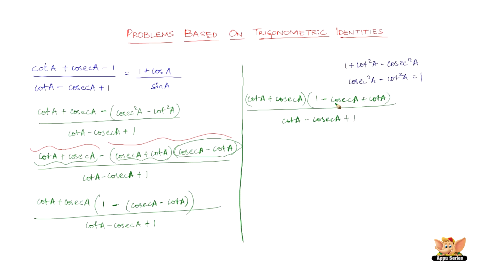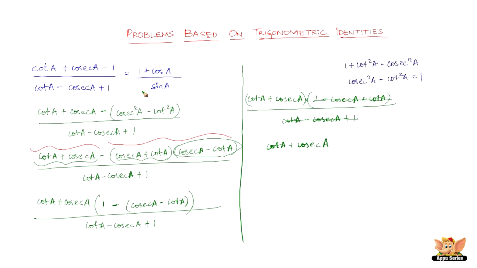Now if you look carefully, these two terms are the same, just rearranged: 1, minus cosec A, and cot A. The reason we can strike these off is because there is a multiplication symbol here. So this and this get cancelled. We are left with cot A + cosec A.